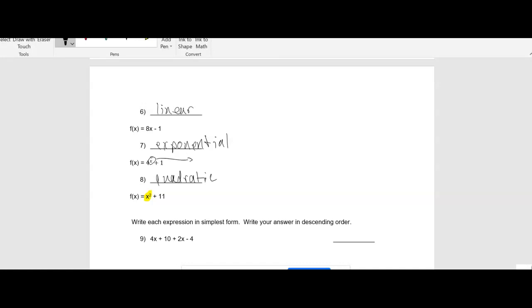Good. And then for linear, you don't do that. It's just normal. So the reason it's exponential is because the x is your exponent. If the x is your exponent, that's why it's called an exponential function, because the exponent is your variable. Linear, one of the things we would have talked about last year, it has to have a power of 1, and that x has a power of 1.